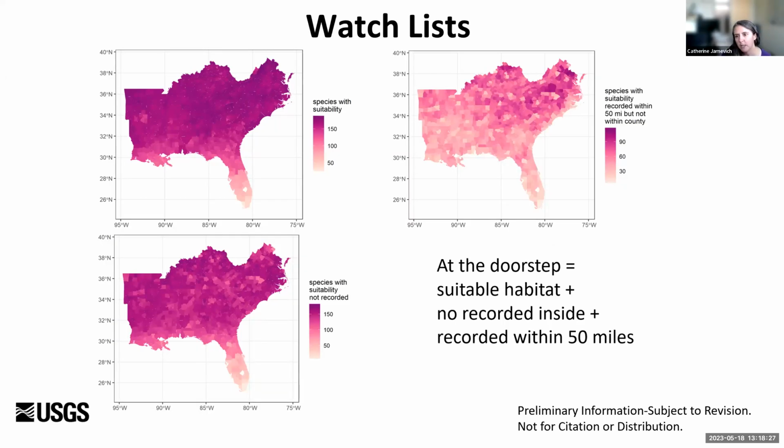Another way that we can look at this is by looking at what species are at the doorstep. What we have defined for a species being at the doorstep is a species that has suitability, so suitable habitat within a unit. There's no records inside that unit for the species, but there are records within 50 miles, or we could change it and be within 100 miles.